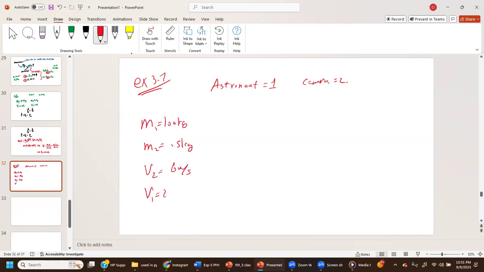And in this case, your momentum before is going to equal your momentum after. Your momentum before is going to be your M1 plus M2 times your total velocity, and that is going to equal M1 V1 plus M2 V2.